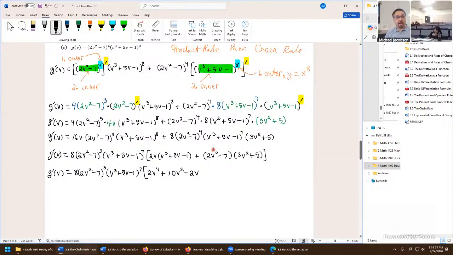Over here, ordinary distributive law plus 6v power 4 plus 10v squared minus 21v squared minus 35. We have several sets of like terms, so that's our last challenge to navigate. Any questions so far to this stage?